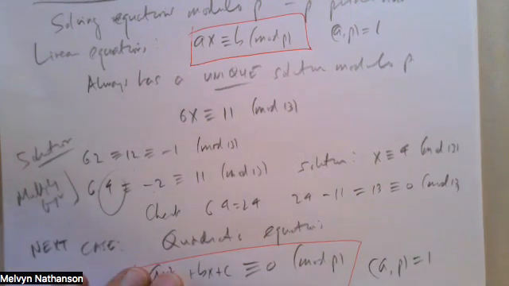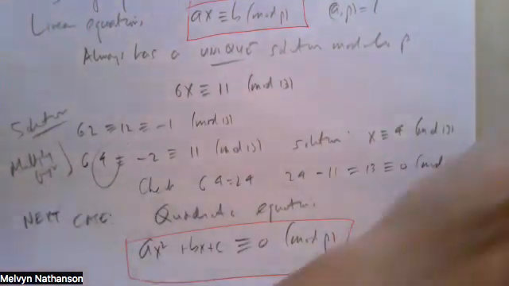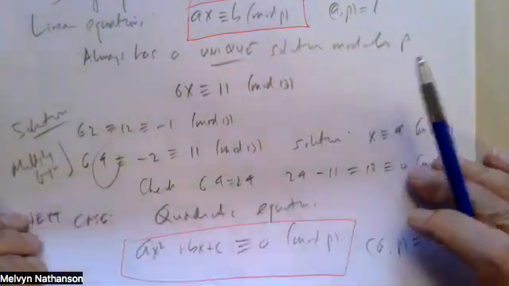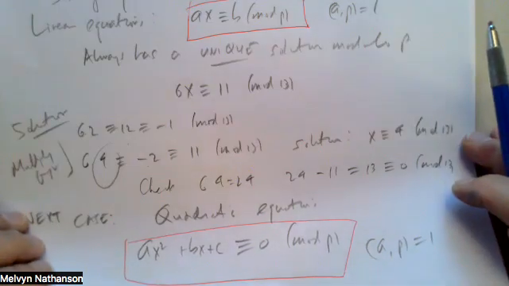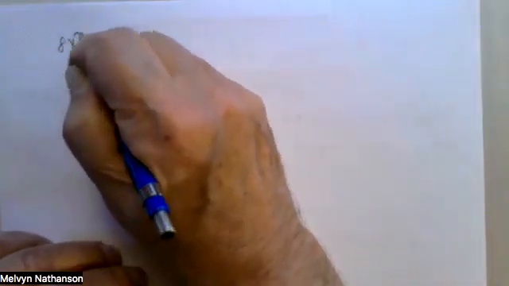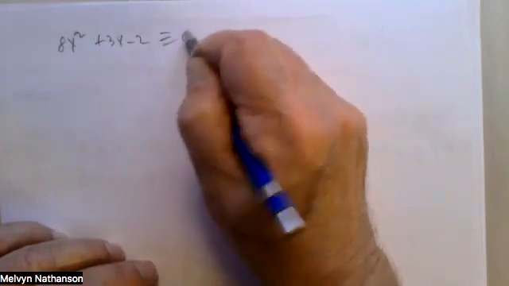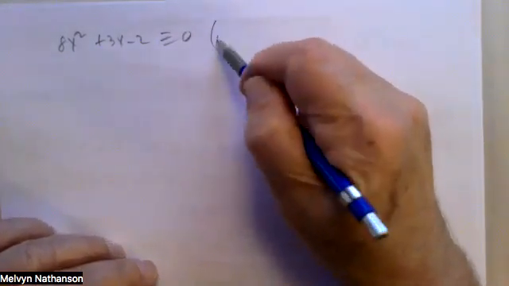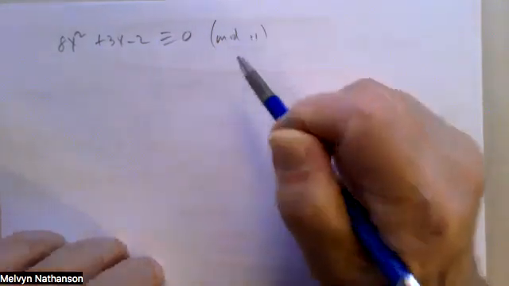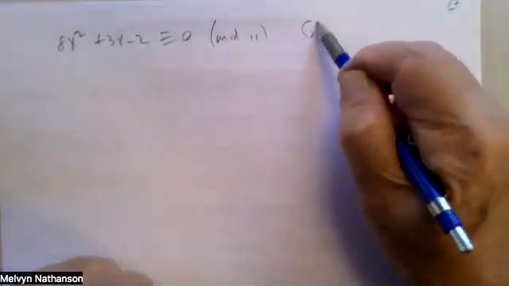Otherwise, this would be 0, and you would just have a linear equation. So I looked at an example. Suppose we have 8x squared plus 3x minus 2 congruent to 0 mod 11. We want to solve this equation for x.